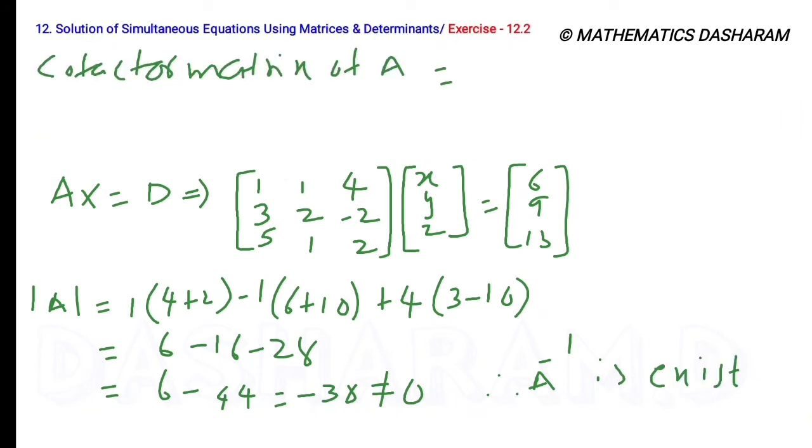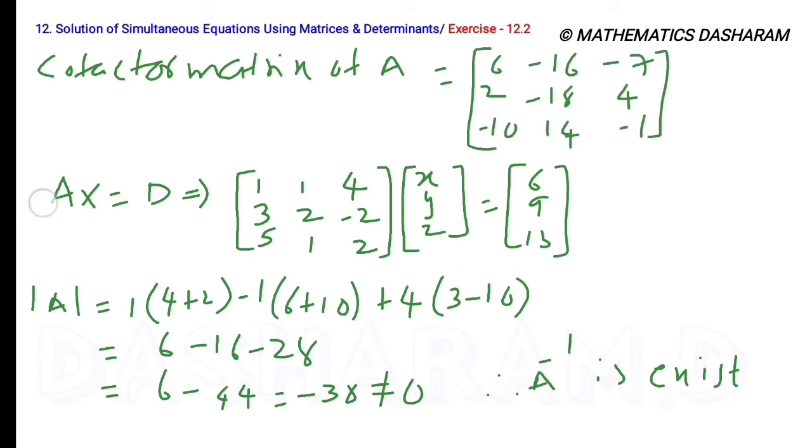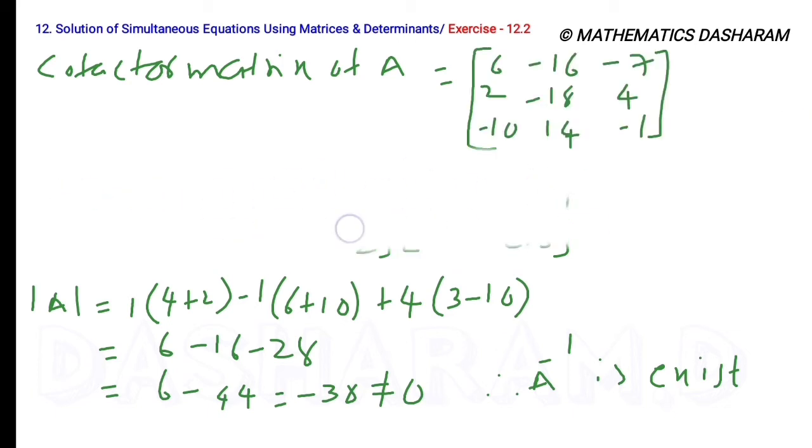Now find out the cofactor matrix of A. So now the adjoint of the matrix A is equal to applying the transpose to the cofactor matrix.